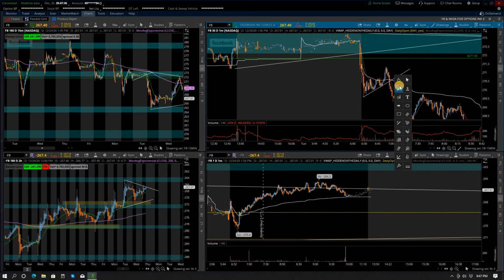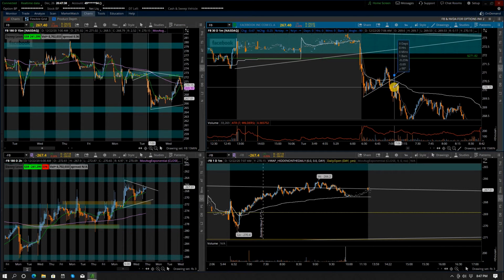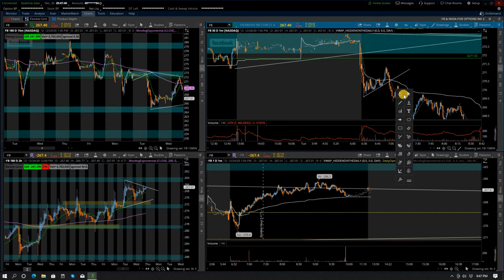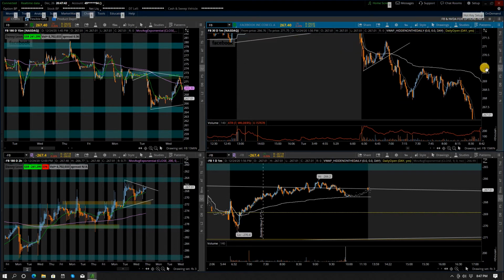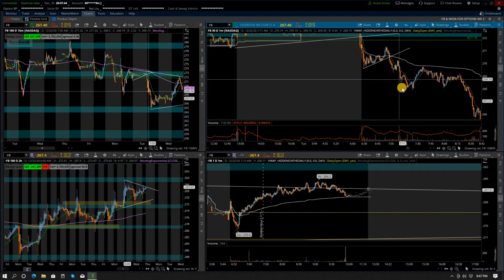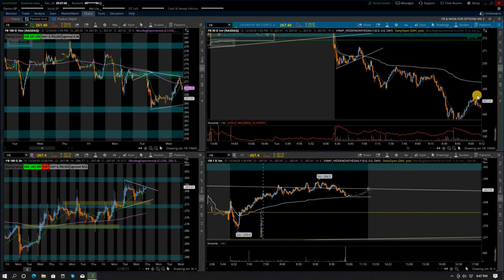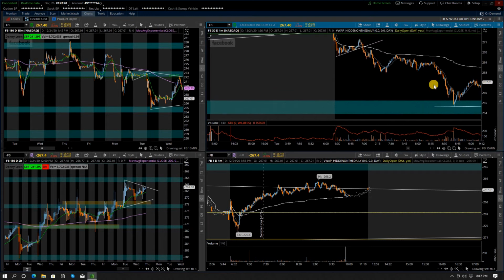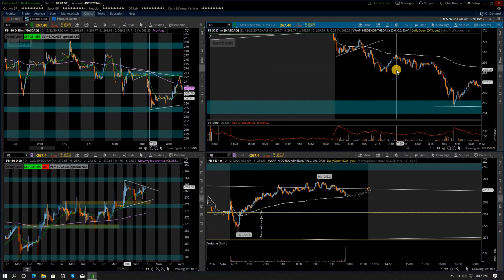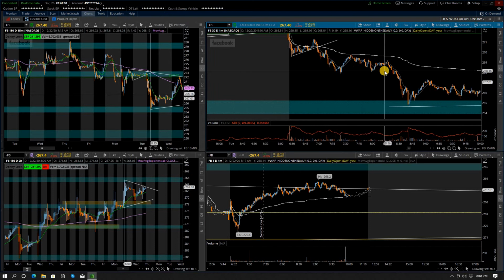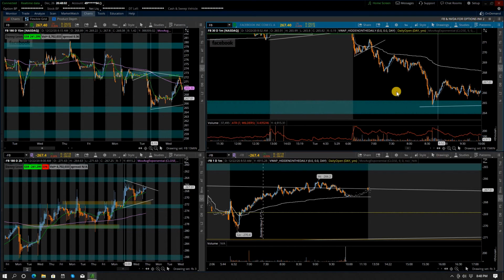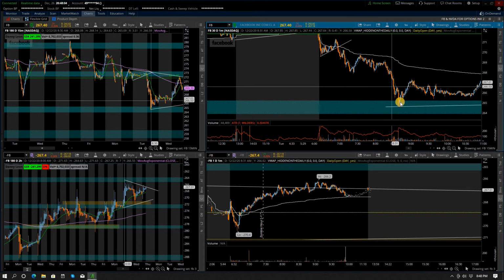So it's not a lot of risk, right? You're talking about less than $1. And once it came down, the target was, I'm not gonna lie, I had to go to work, so I actually took profits here. I think my last profit was somewhere around this level here. But had I been at home, the ideal profit was here.